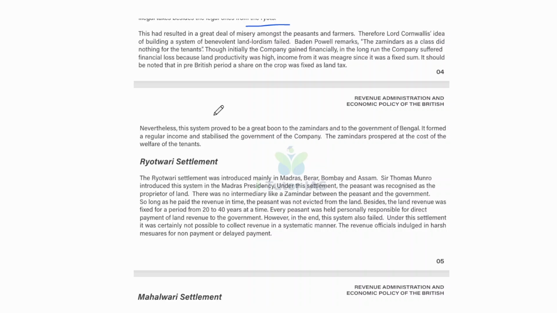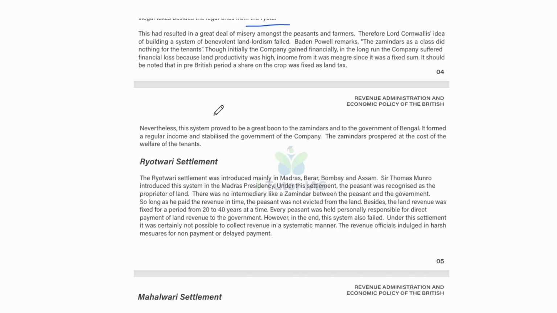And Baden Powell remarks that the zamindars as a class did nothing for the tenants. And though initially the company gained financially, in the long run the company suffered financial loss because land productivity was high and income from it was meagre, since it was a fixed sum.